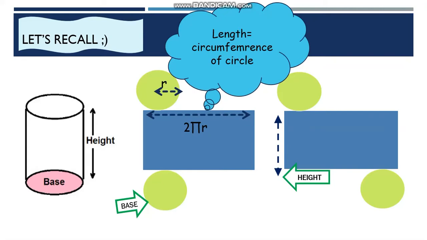Why? Because this part of the rectangle should surround our base, which is a circle. So the length should equal the circumference, which is equal to 2 times pi times r.